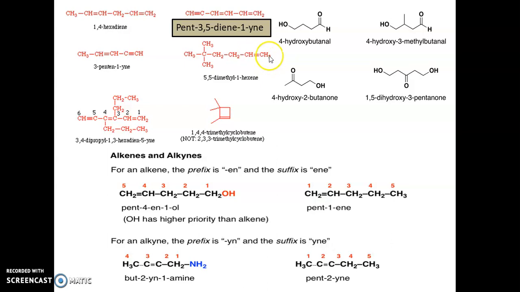If I start the numbering from here, I can go through this path, 1, 2, 3, 4, 5, 6. I can go through this path also, 1, 2, 3, 4, 5, 6. I can go for this path also, 1, 2, 3, 4, 5, 6. So all three paths are equivalent. You can take any one of them. So I am going straight. So 1, 2, 3, 4, 5, 6.